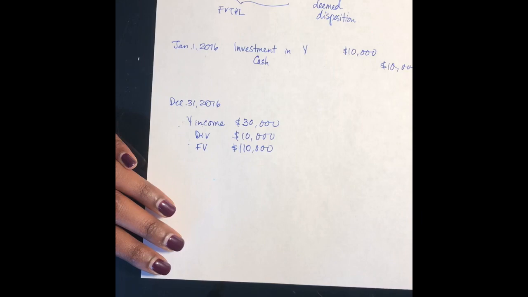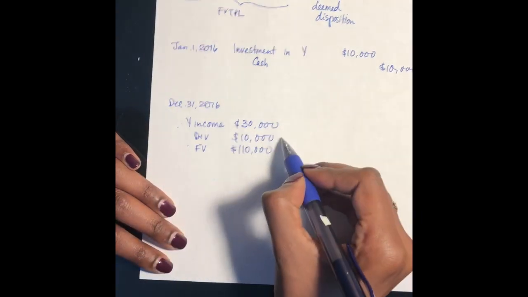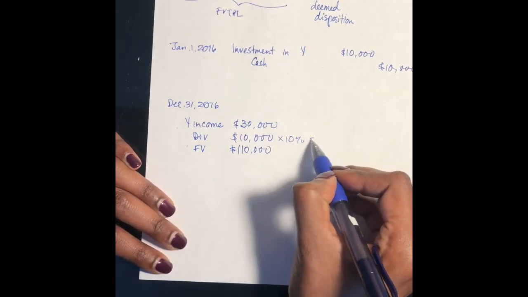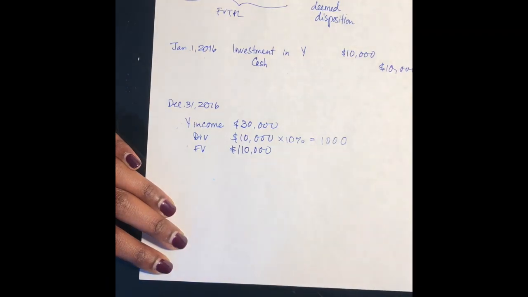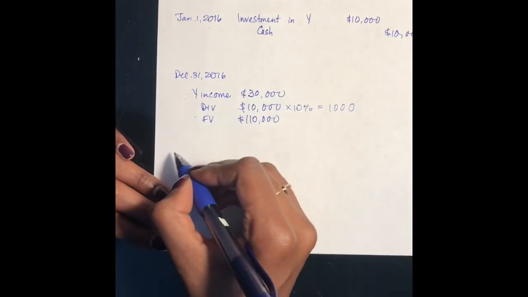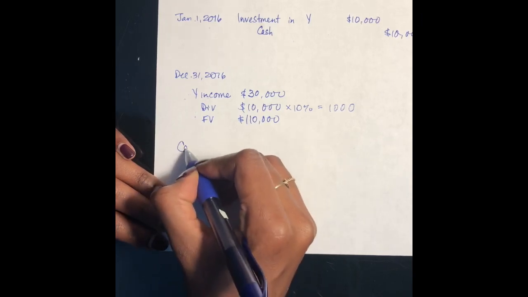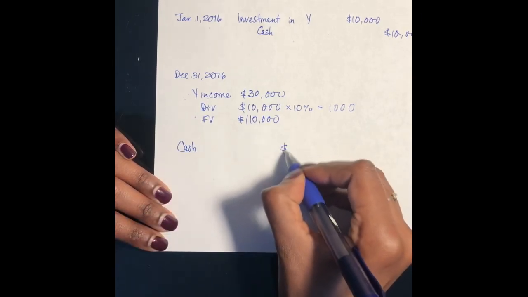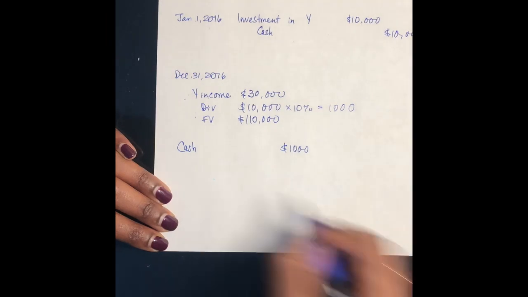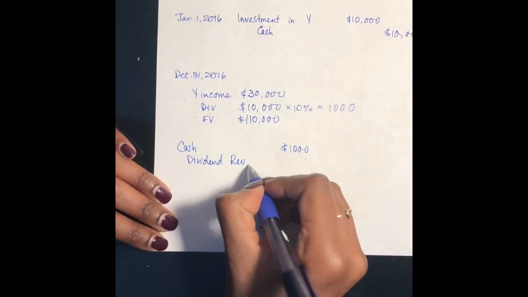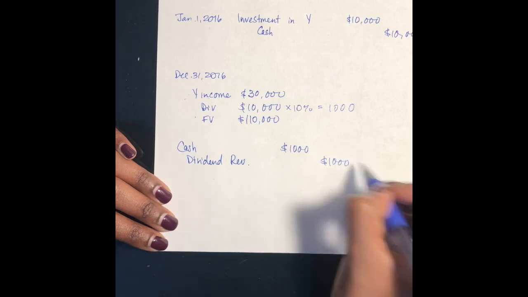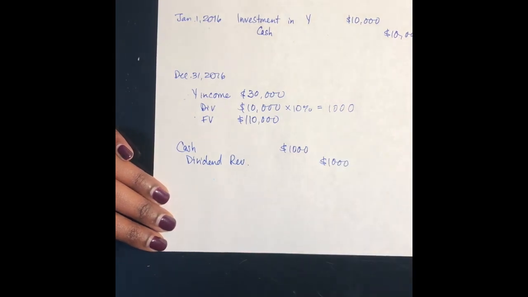Now you own 10% of Y, right? So you're going to claim 10% of the dividends, which is $1,000. And actually, let's go and book that one. So you're going to get cash for $1,000 on the dividend. And that means you're going to make dividend revenue of $1,000. Now, how do you know if you made any gains or losses on the investment?